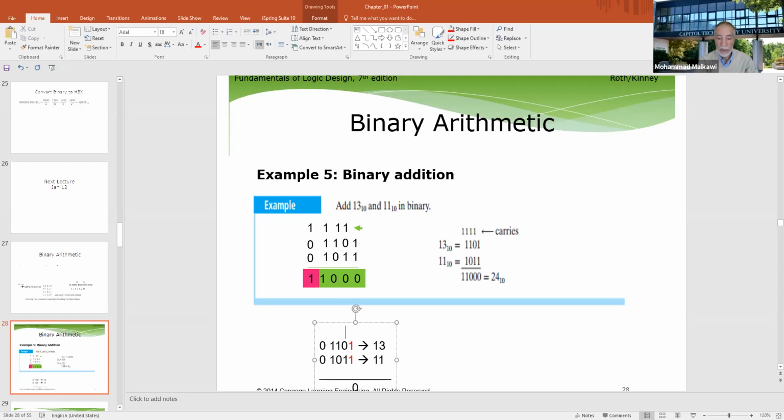I will make this carry right here, and I will put it in blue, so I know that this is a carry.